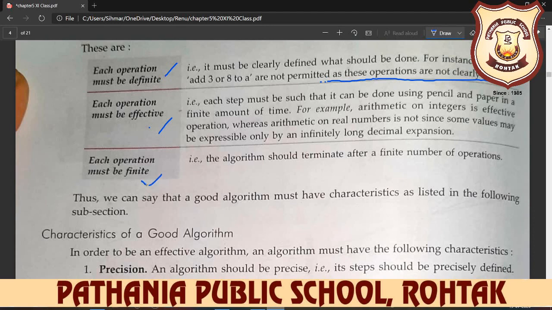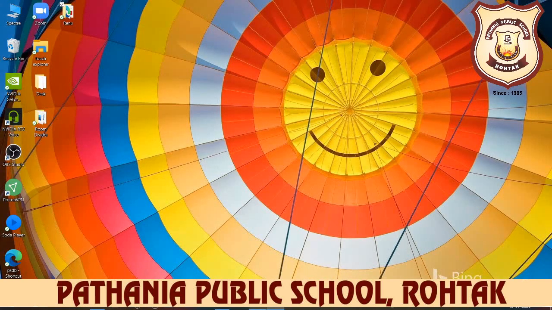Each operation must be finite. The algorithm should terminate after a finite number of operations. For example, we want to display the counting 1 to 10.